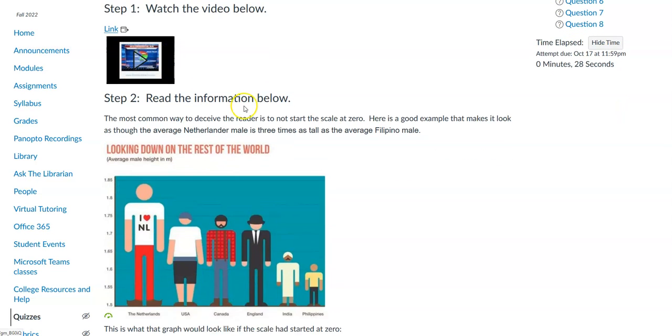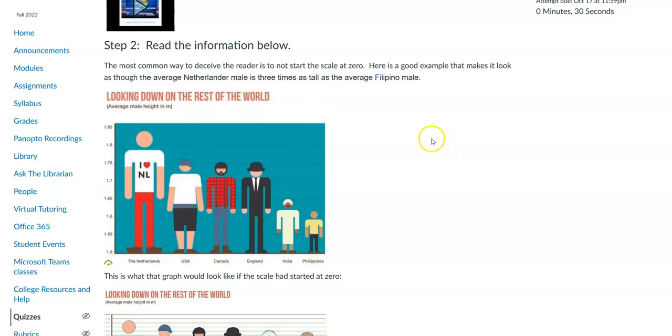Then you're going to read the information, and the most common way to deceive a reader is to start the scale at something besides 0. So in this example, we have the average male height in meters, and we have the Netherlands compared to a bunch of other countries all the way down to the Philippines. And you can see how much taller the Netherlands seem, but they started at 1.5 meters.